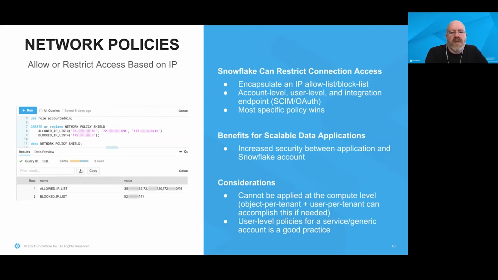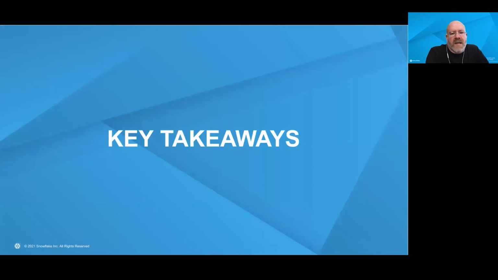We'll also think about how you can't really set these network policies on warehouses themselves. But if you use this combination of a Snowflake user going to a specific warehouse, you can effectively create the concept of a warehouse level network policy if you're using discrete Snowflake users to set default warehouses. Okay, so those are some things you need to think about from a security perspective as it relates to compute.